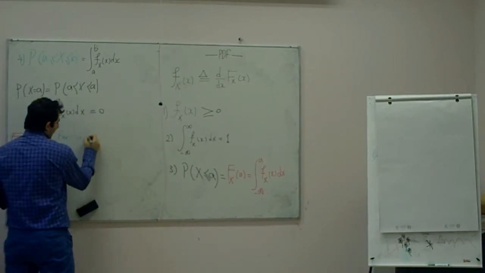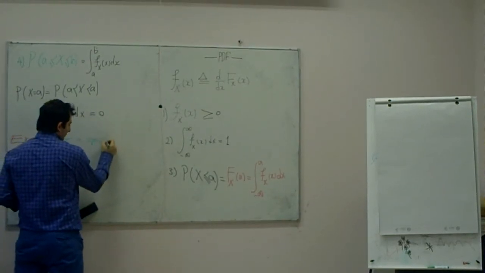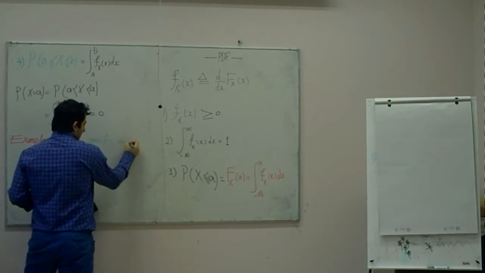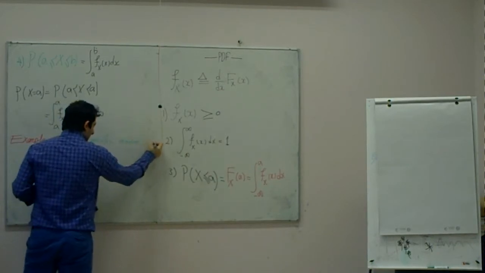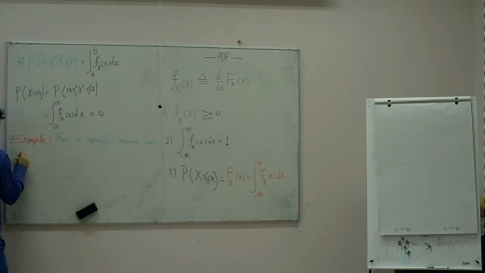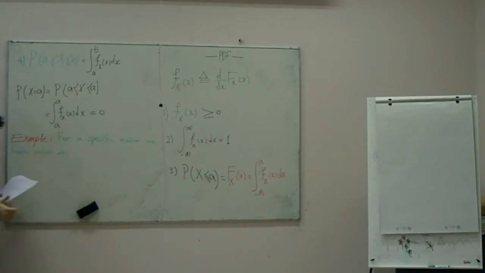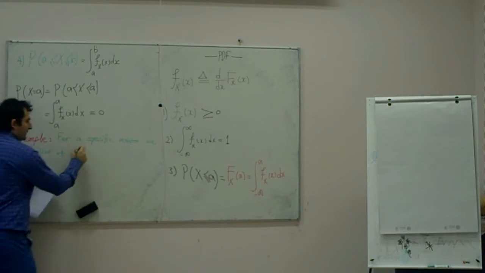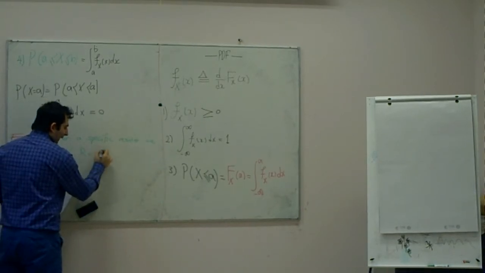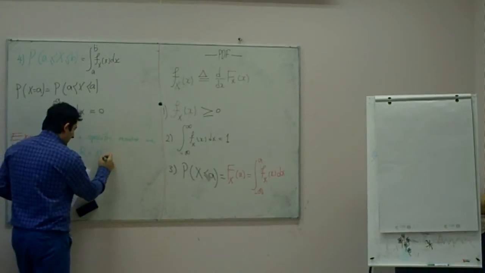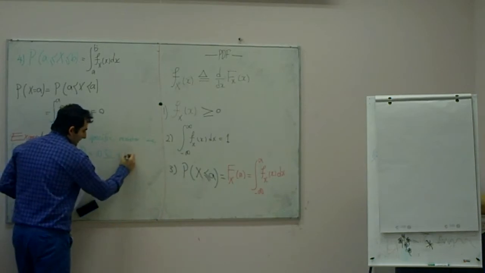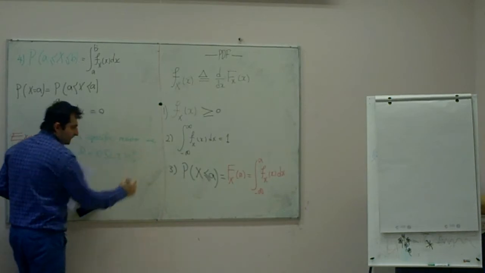For a specific resistor, we have a resistor and its value is 10 ohm plus minus 10%.